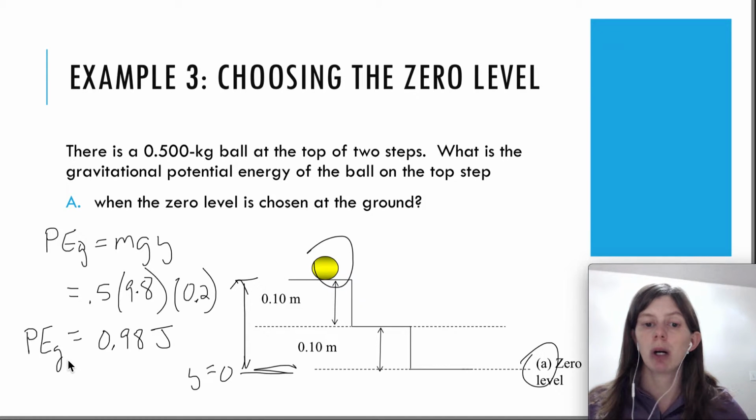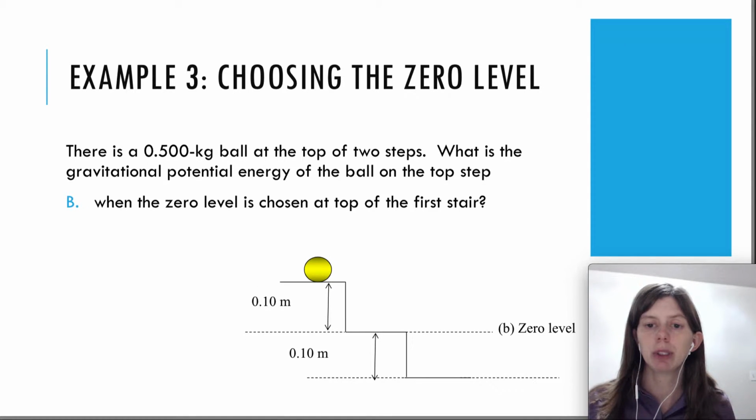And now let's do part B, where we're changing the 0 level. We're saying, okay, what if we choose that 0 level to be at the top of the first stair, so right here? What if that's our 0 level?